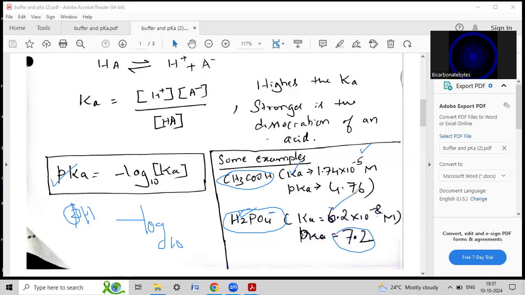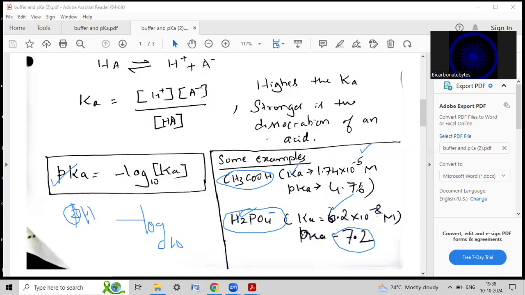Now we're getting to a point where we're starting to appreciate the importance of pKa, because if you want to prepare a buffer at a certain pH, then you've got to make the choice of using the right acid or the right base, such that the pKa or the pKb respectively is as close as possible to the pH that you desire.